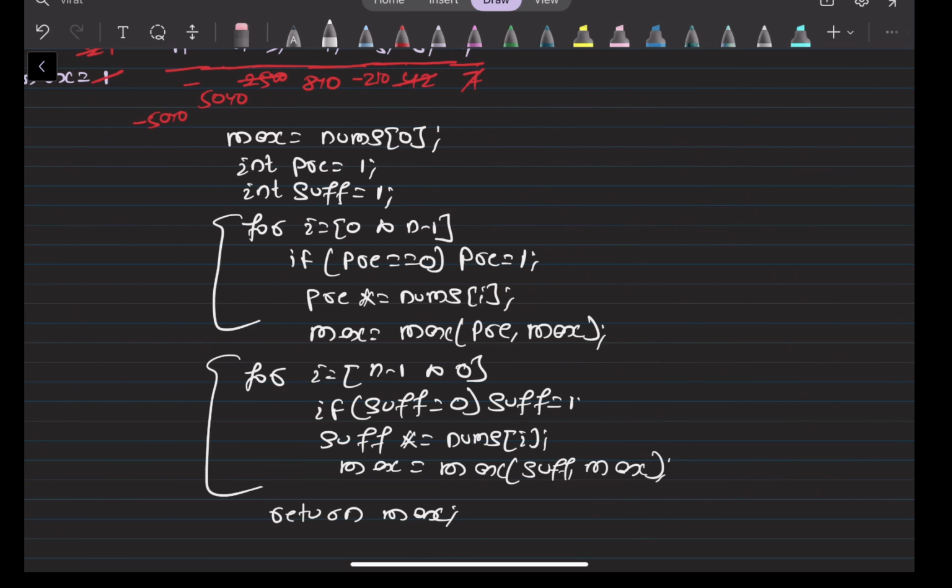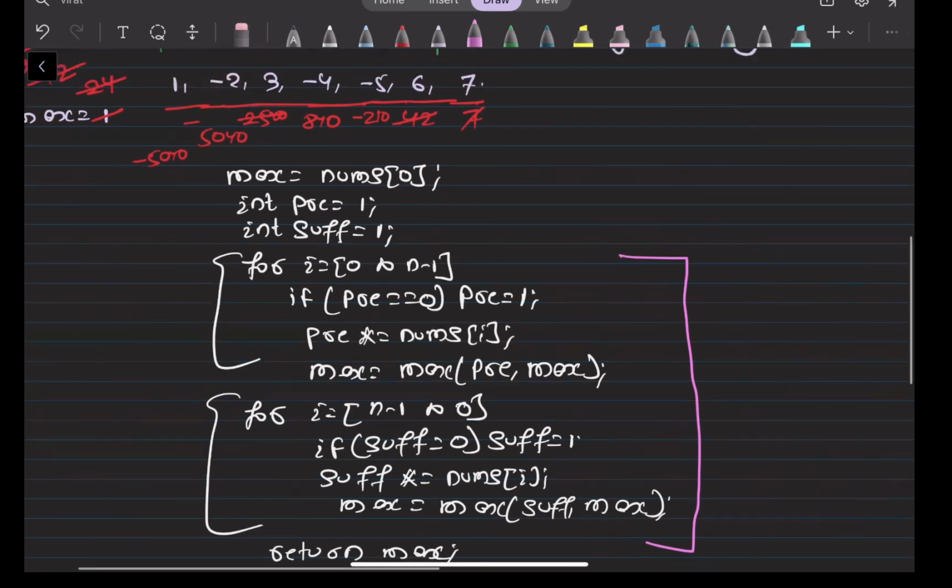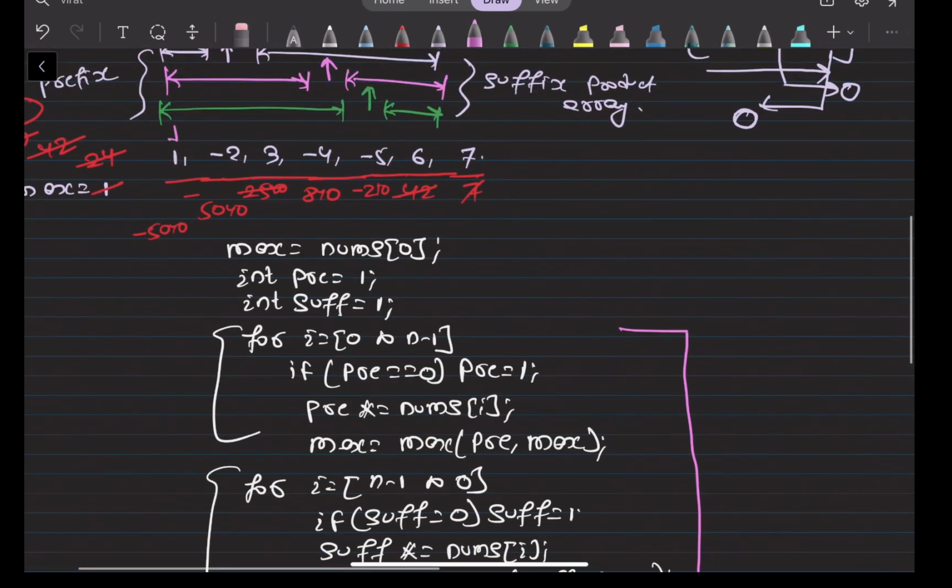Now can we combine these two for loops? Can I say that we can easily combine these two codes? If my prefix is here, then suffix is here. So can I write its index as n minus i minus 1?